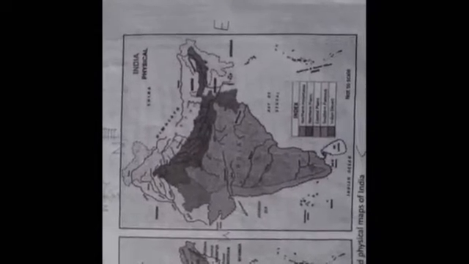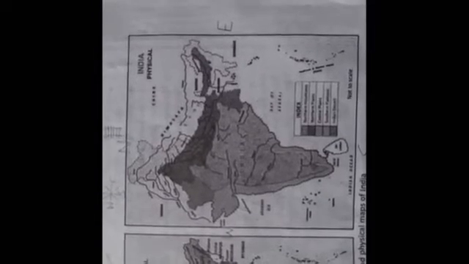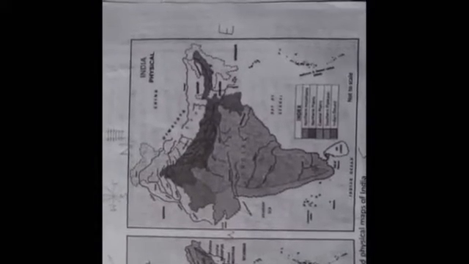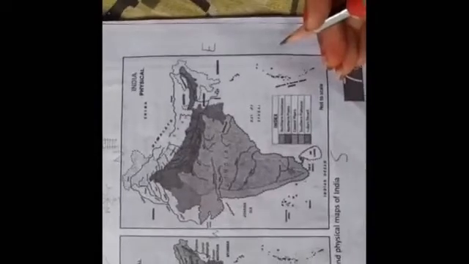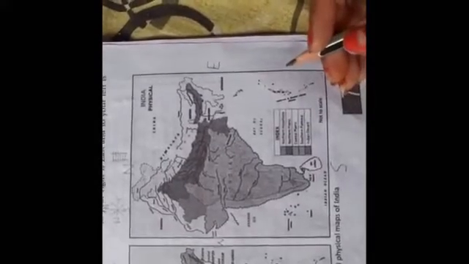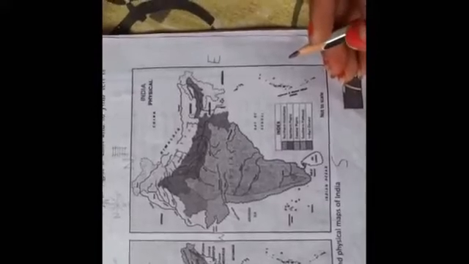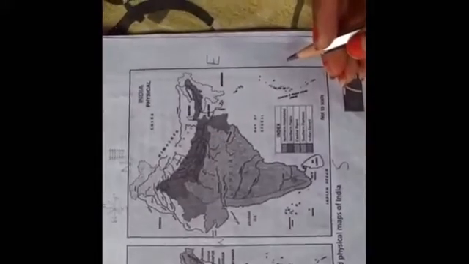So, the first one is direction, which helps us to study a map. As we know, north, south, east, and west are four main directions on a map. And all the maps follow the same system to show direction.